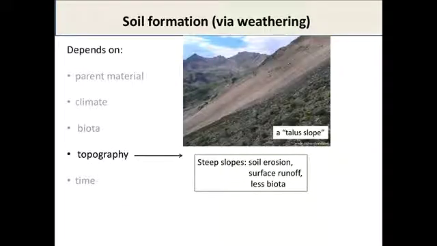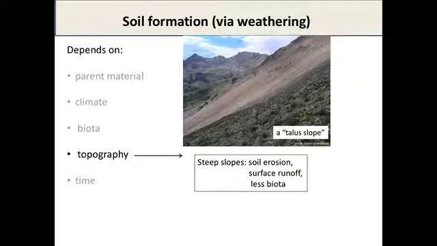The topography will also have a strong influence. Here we've got the degree of slope, which will strongly influence the type of soil. This is an example of a steep slope or a talus slope, where we've got very, very steep slope, lots of erosion, lots of runoff.